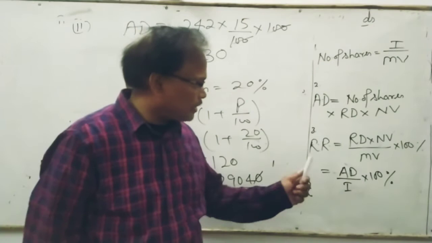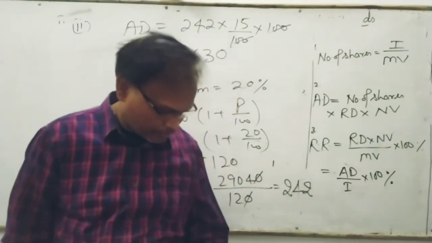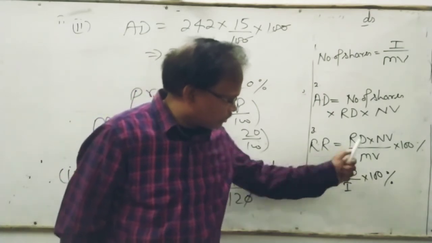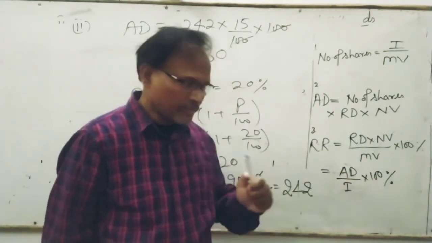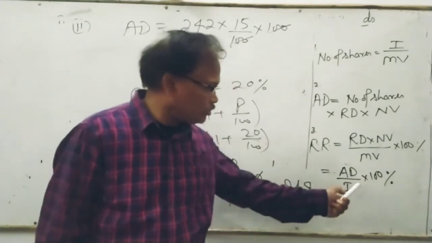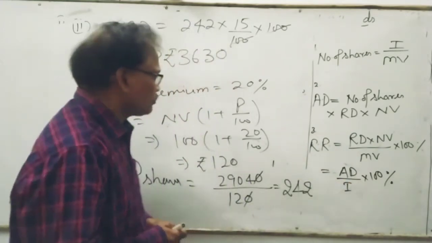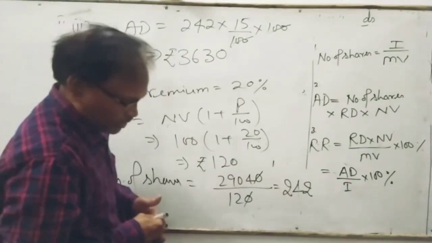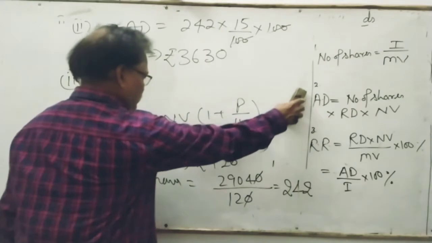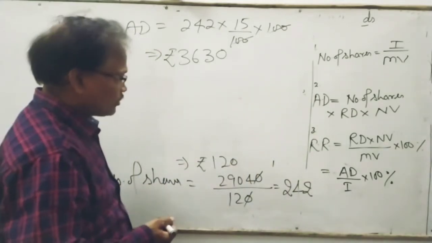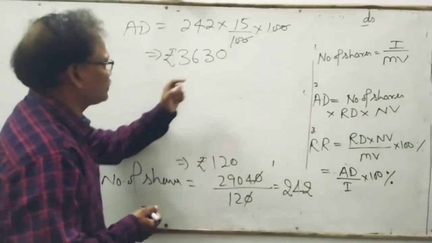Then find the rate of return. It is given to find the percentage return on his investment. So for percentage return you can use this formula or that formula. If you know annual dividend and investment both, then use this formula, you will get it easily. So the rate of return, the third part: the annual dividend we just found is 3630.